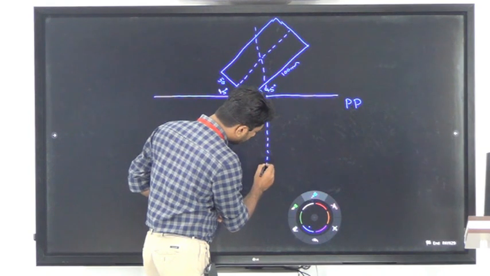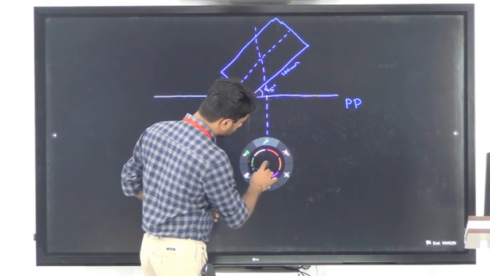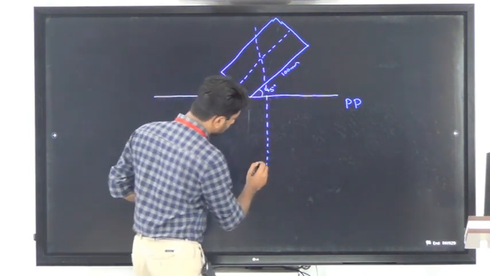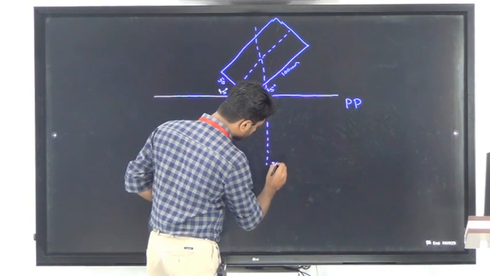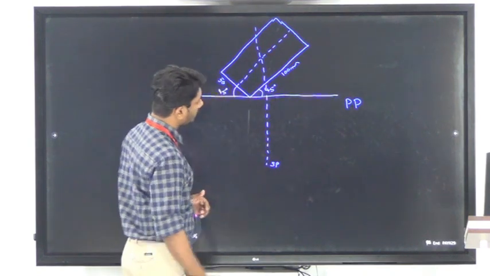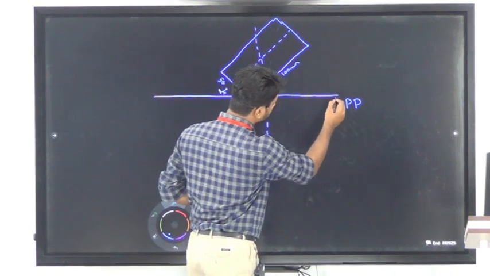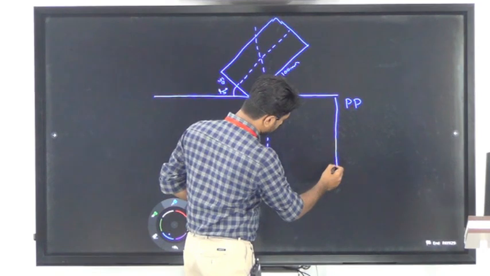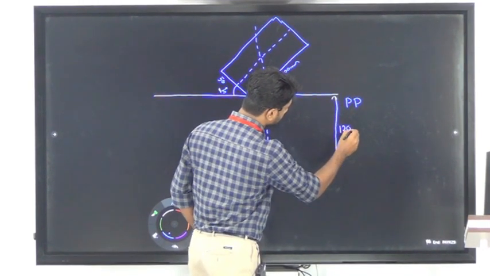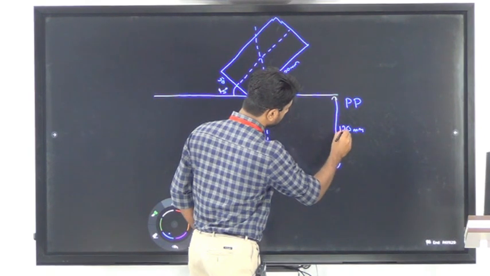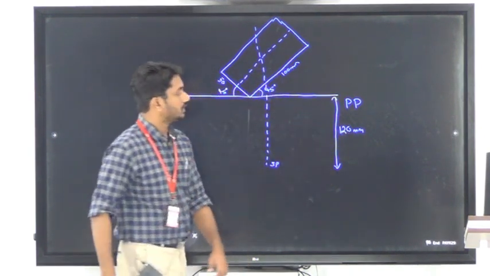So this is the top view of the station point. And this distance is equal to 120 mm.